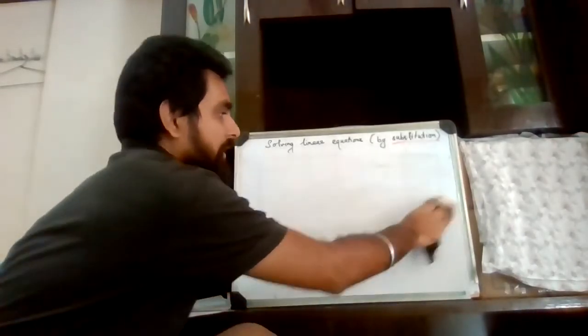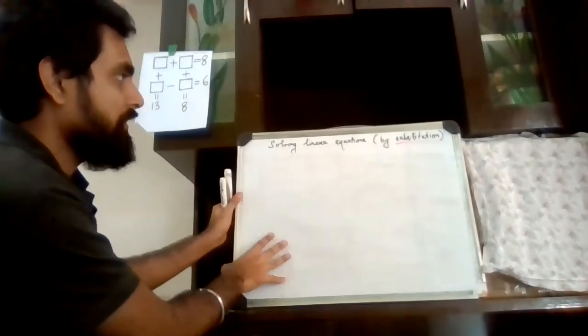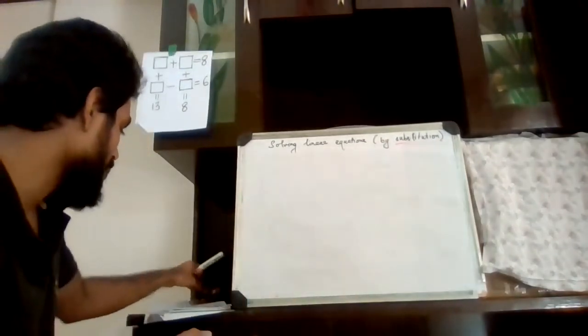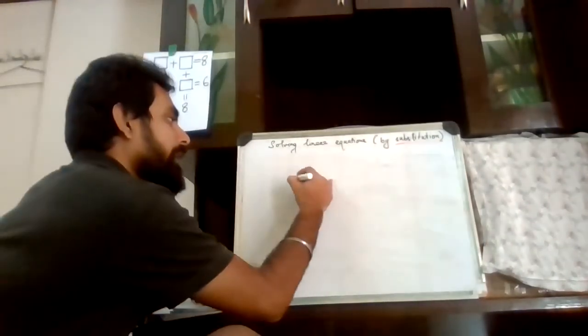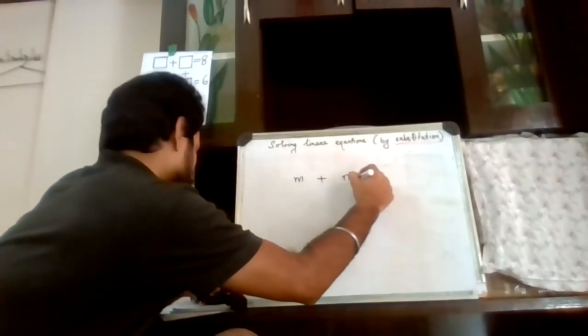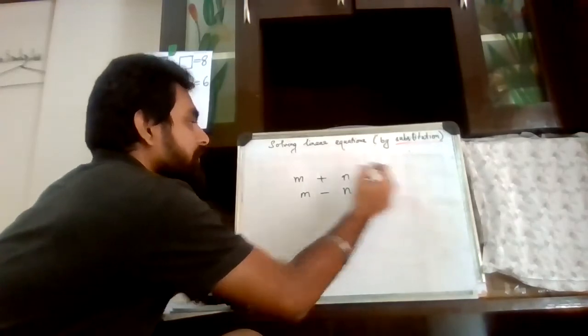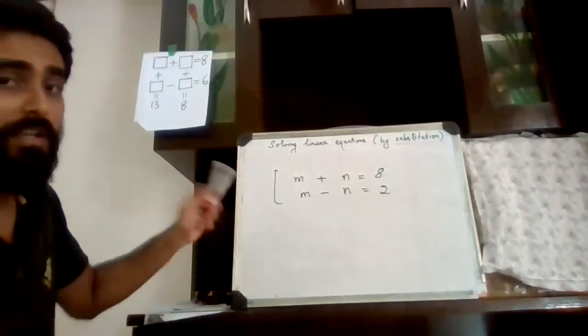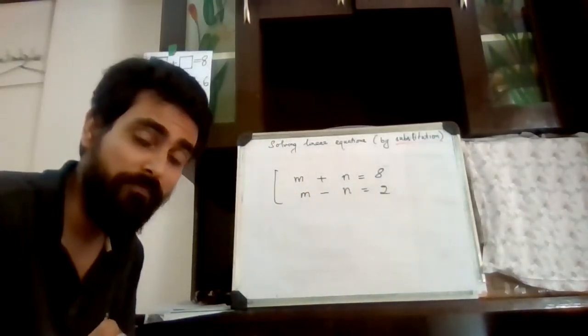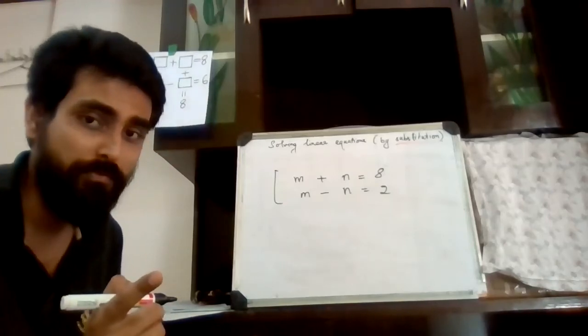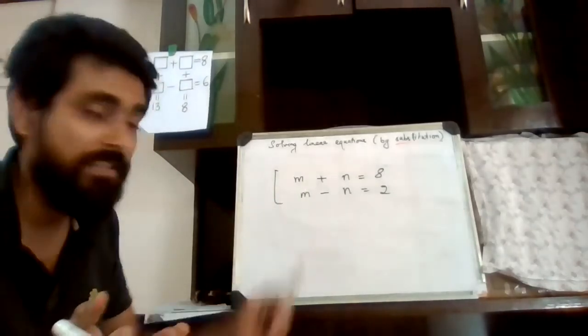Let's take out your pens and papers and try solving this by using substitution. Very simple question. m plus n is equal to 8 and m minus n is equal to 2. Okay, this is your set of equations. I want you to solve this. Pause the video now and come back whenever you're done and see if you get the same answer.